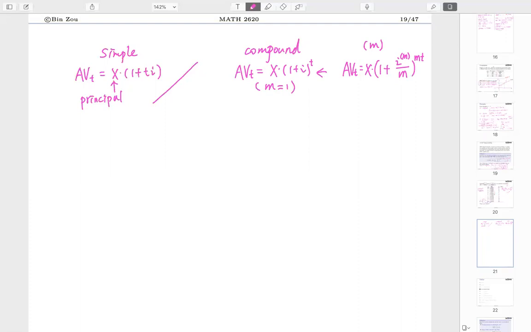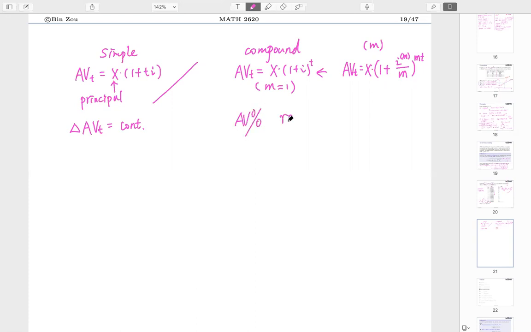And we also know that in the simple interest rate, this is a constant, right? So the amount of interest accumulated over any given year or any given unit period is a constant. Here is the rate. I use percentage to denote.